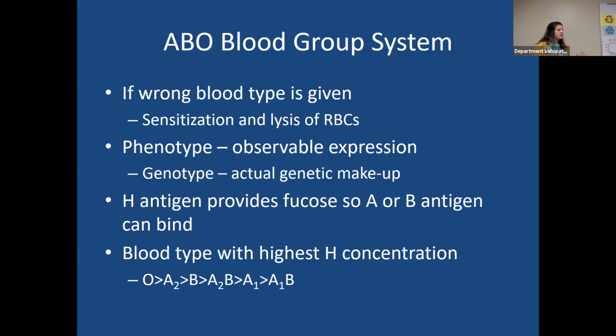Given our blood bank serological testing techniques, we cannot determine the genotype; we can only determine the phenotype. You would have to do some molecular-based testing to see what gene is being expressed to determine if your patient is AA or AO. Now, if your patient is O, we know their genotype, right? They have to be OO, because it is autosomal recessive in order to be an O patient, okay?